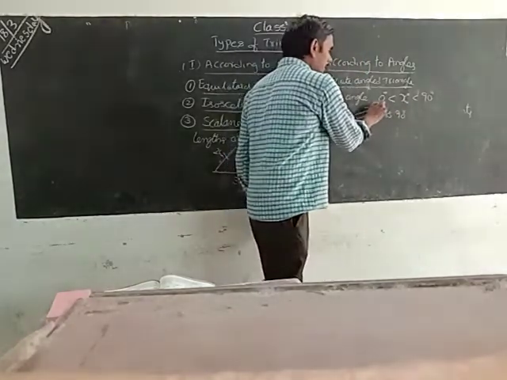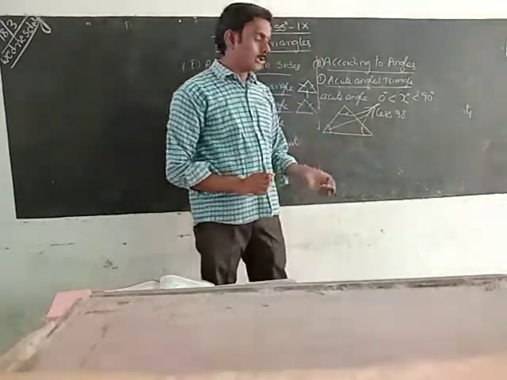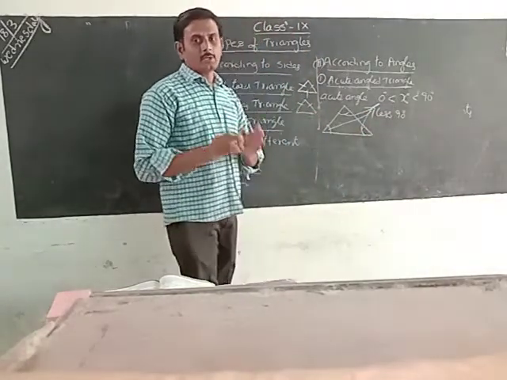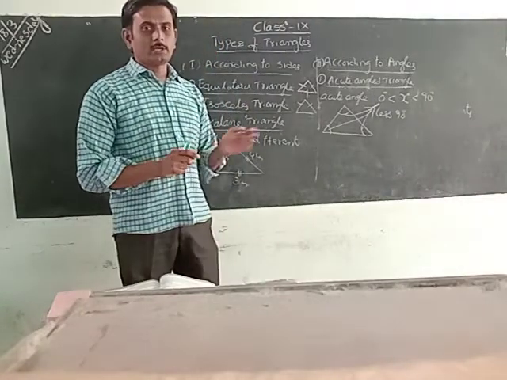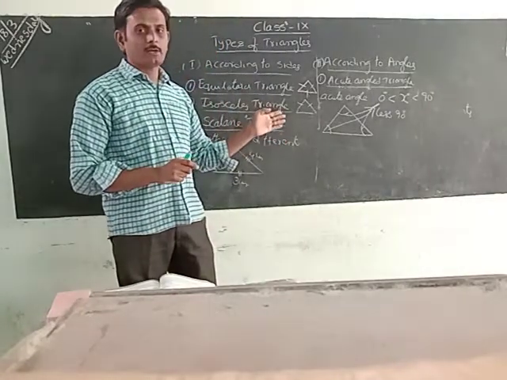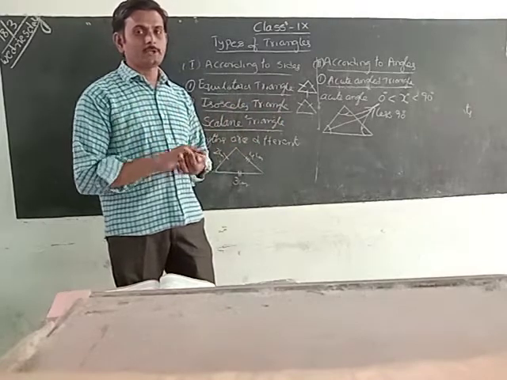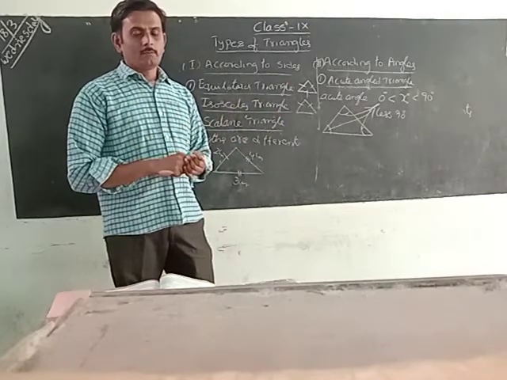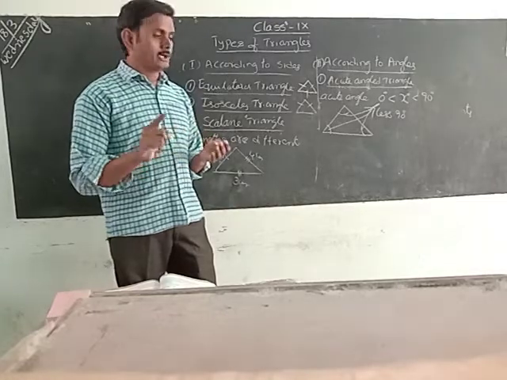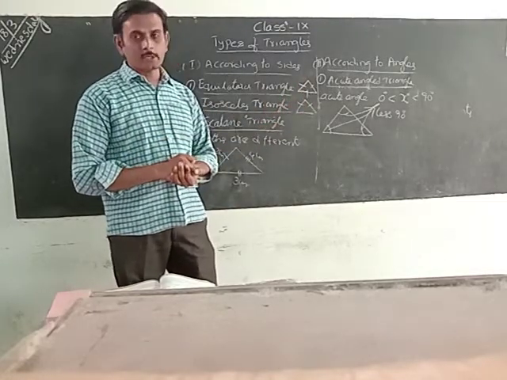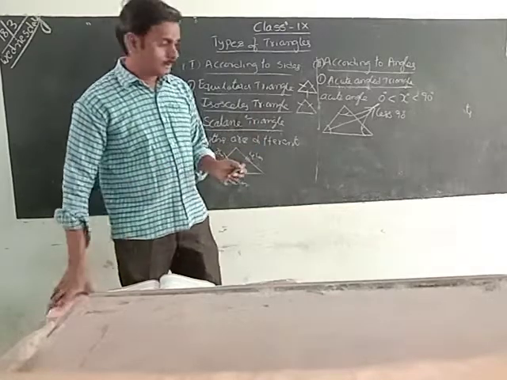Then it is called acute angle triangle. That means the measure of each angle in a triangle should lie between 0 and 90. Lies between means don't consider 0 and 90. If they lie between 0 and 90, then it is called the acute angle triangle.